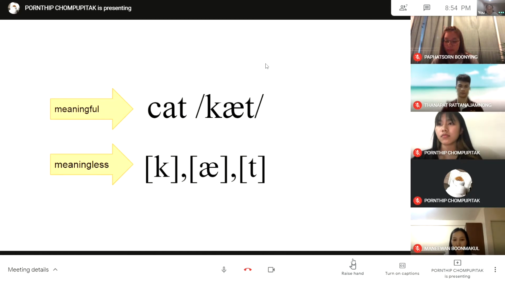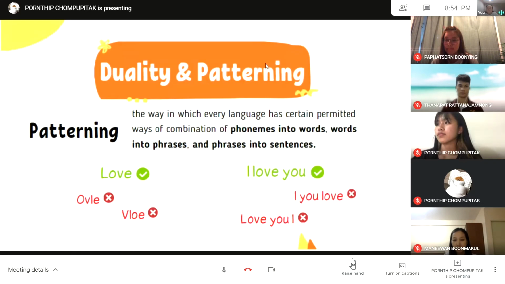Next is patterning. Patterning is the way in which every language has certain permitted ways of combining phonemes into words. For example, the English word love has four letters, L, O, V, and E, and has three phonemes. Words are combined into phrases and phrases into sentences.